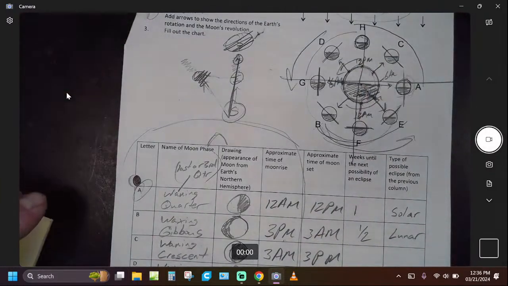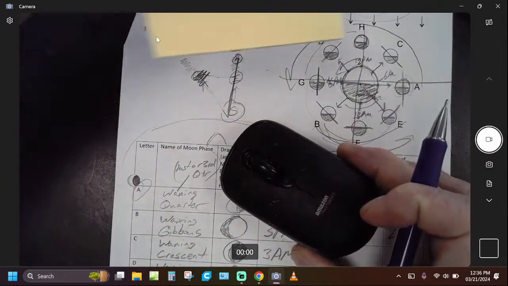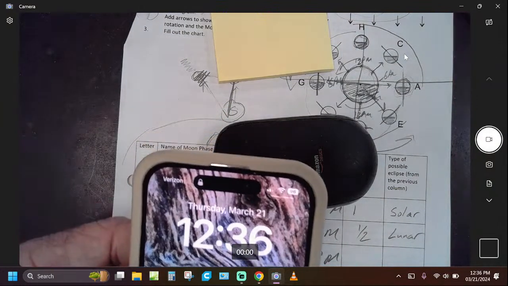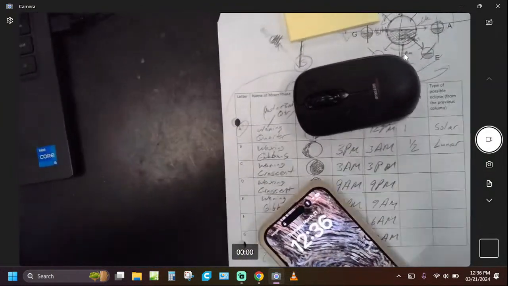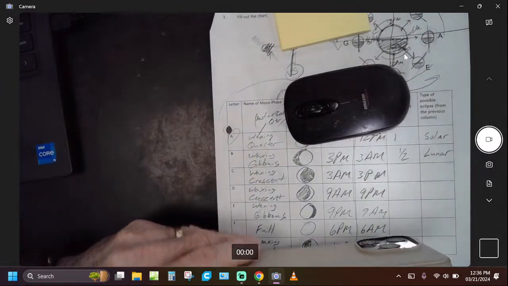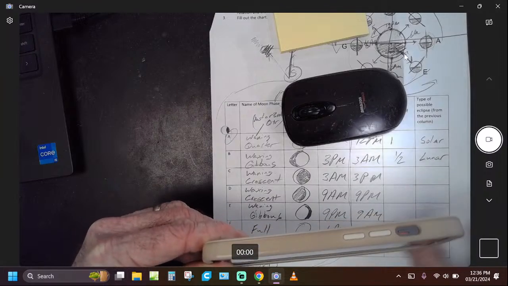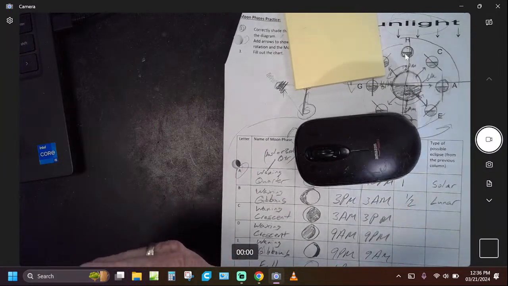So if I have my mouse here and my little pad there, and then I put my phone, let me move way back here. If I put it over here, it's not a great shadow, but you can still kind of see that there's a shadow there.